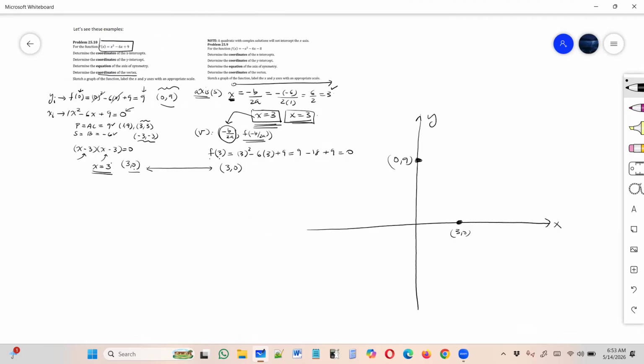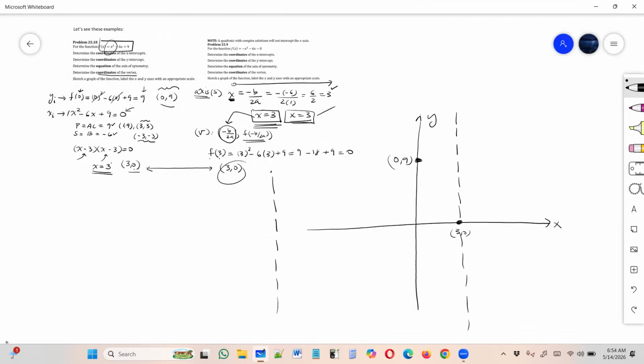This is 0 comma 9. And the axis of symmetry is x equals 3. Now, it's always x. So the equation has to be, number one, graphed as a dashed line right through the vertex, which in this case, again, is 3, 0. So you're going to do a dashed line right here. It has to be dashed, okay? And then you're going to graph a parabola.